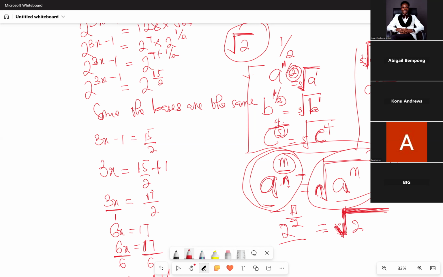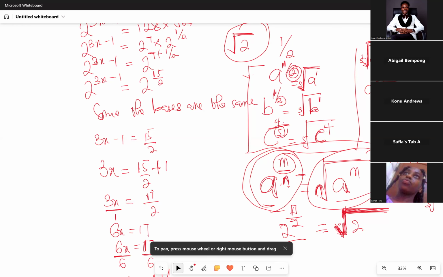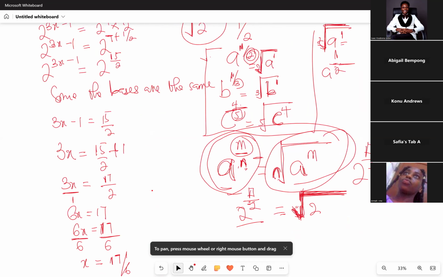Assuming the denominator was 3, as in 2 exponent something over 3, you would have done cube root of 2. Then you look for the numerator. Do you get it? Yes, sir.